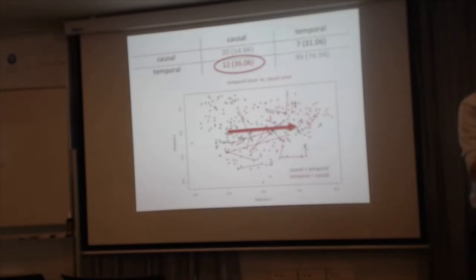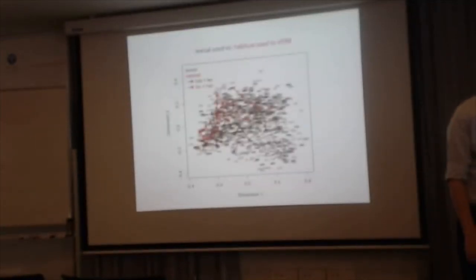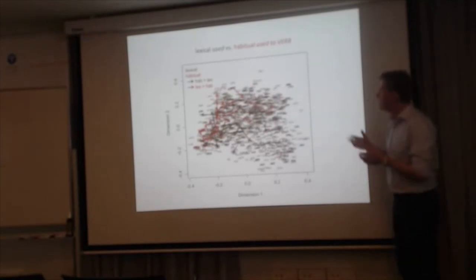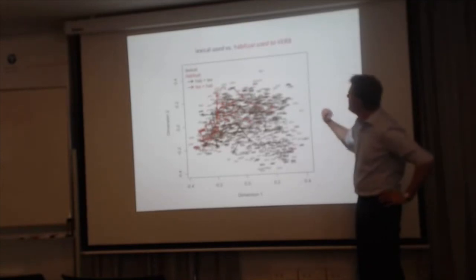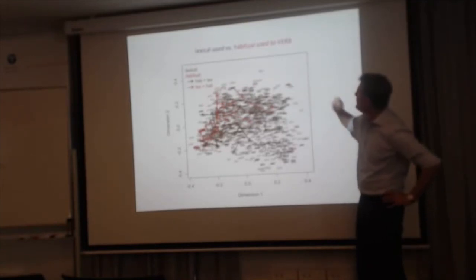so how much can you really conclude from that? Well, we looked at different pairs of grammatical elements and their lexical sources, including, for example, the element used, which occurs in a lexical sense. I used my key, or habitual, used to. I used to work in France. Yeah? So that is a distinction between different lexical and grammatical instances of use.